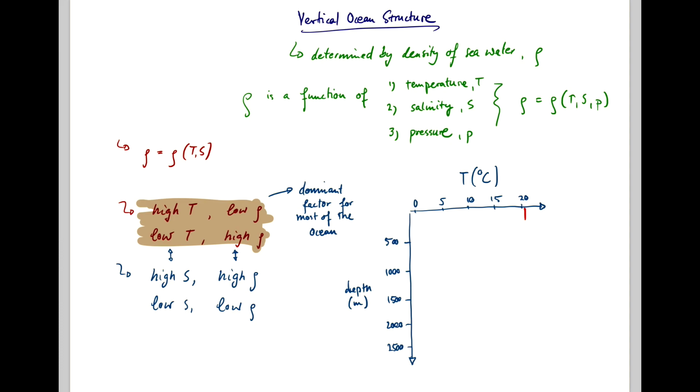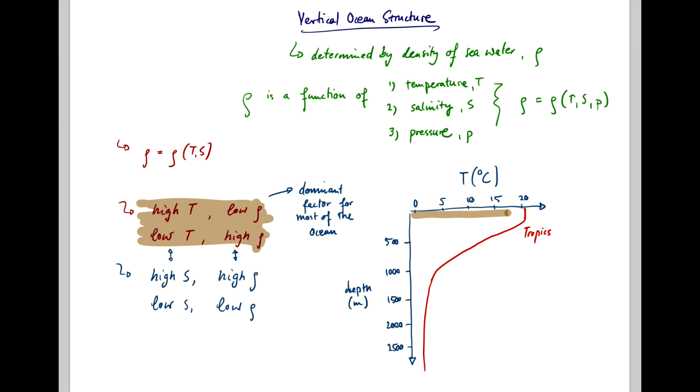And then that's just the surface layer, which sort of receives all that solar radiation. And then suddenly temperature decreases pretty rapidly and goes down to fairly close to 0 for something like below 1500 meters or so. So this is a typical temperature profile in the tropics.